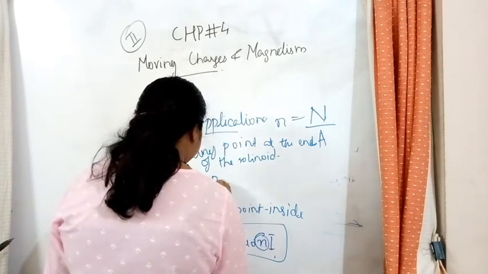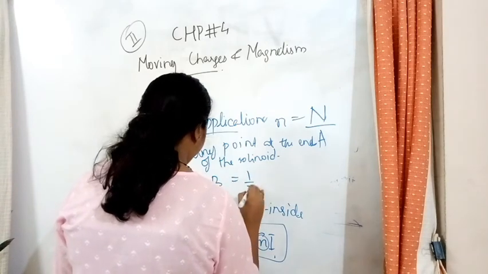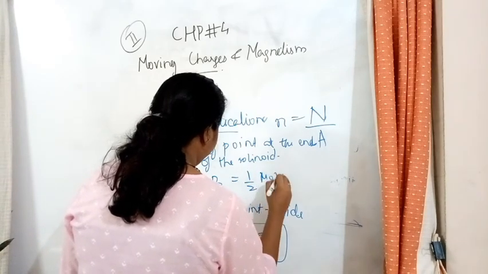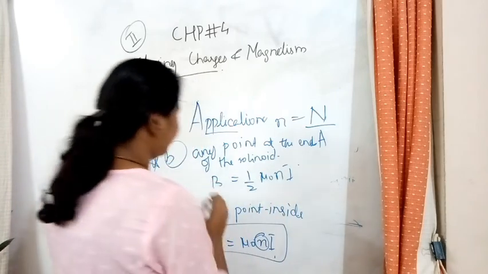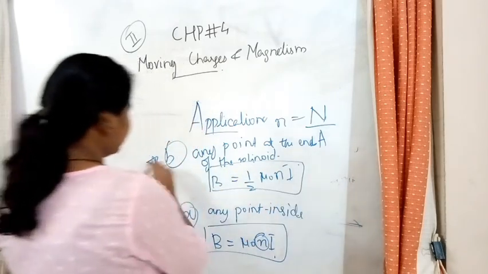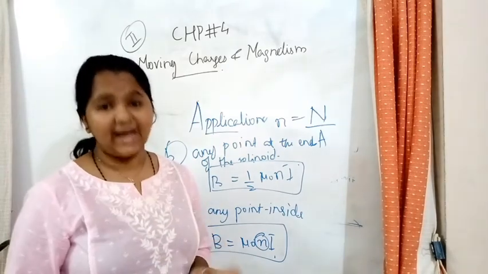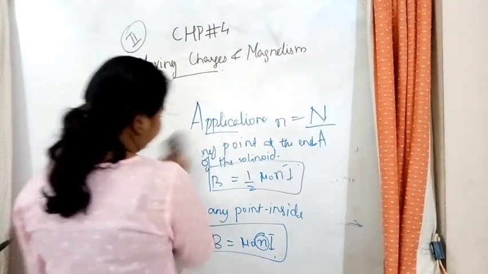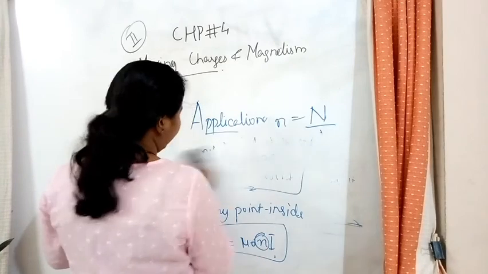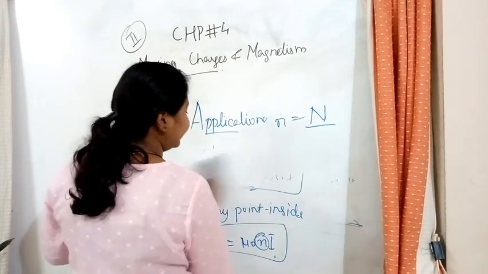So the equation is B is equal to half mu 0 n I. These are the two equations for a straight solenoid.